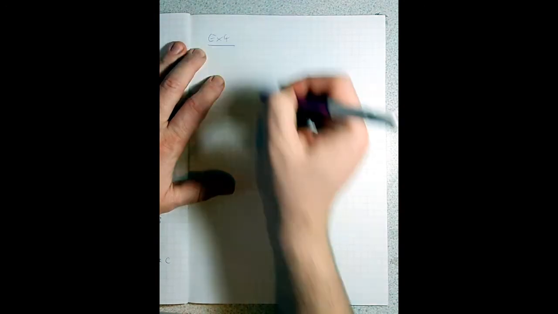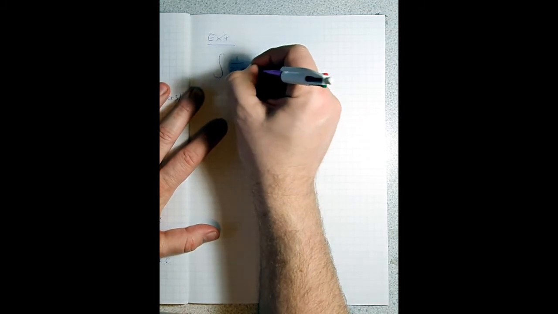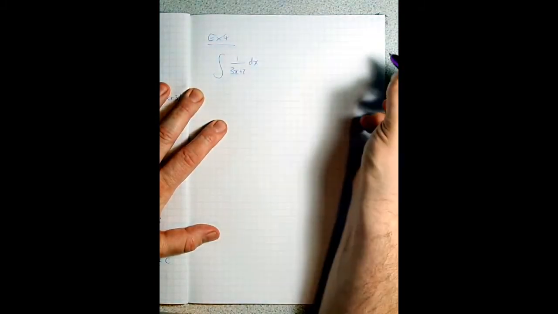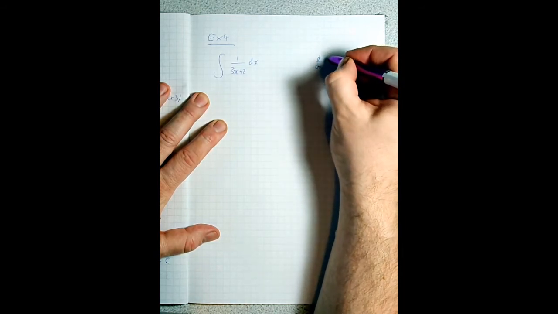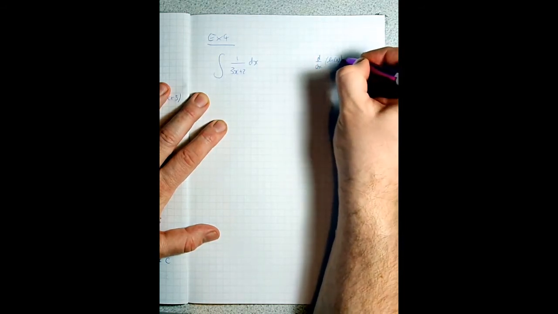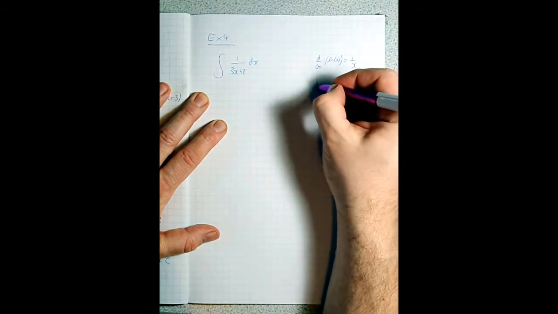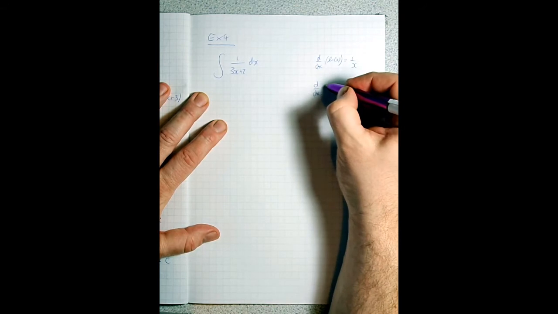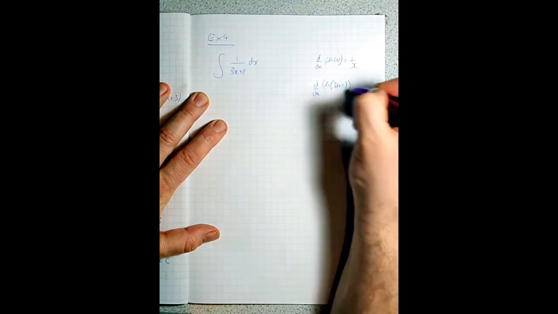Example 4. Okay. 1 over 3x add 2 dx. Well, I know that the derivative of log x is 1 over x. So I'm going to try to differentiate log of 3x add 2.